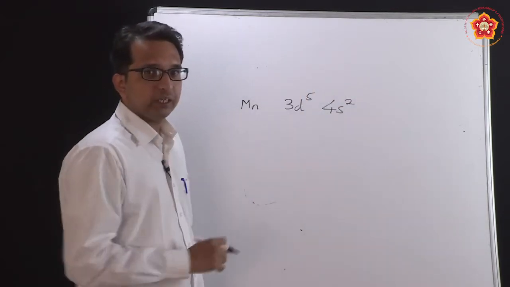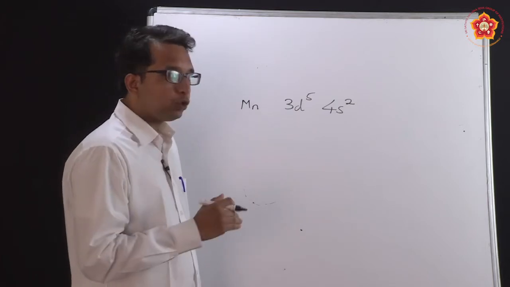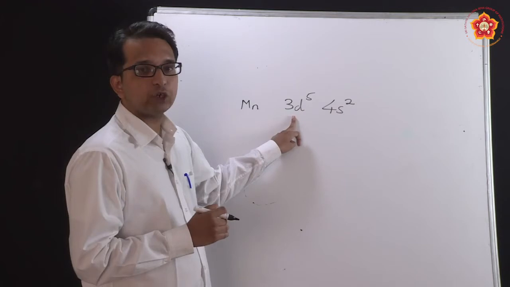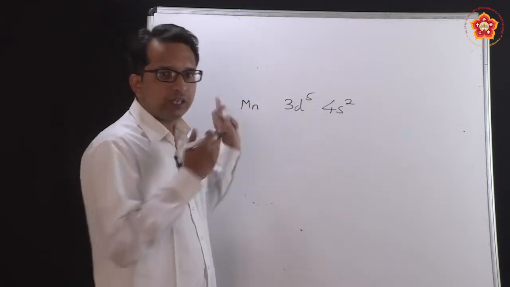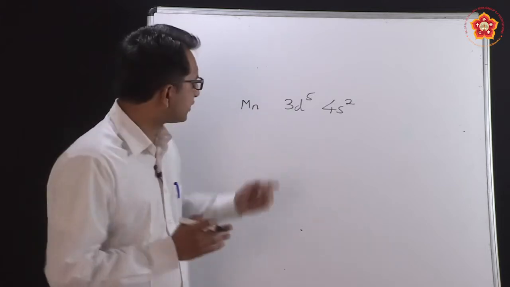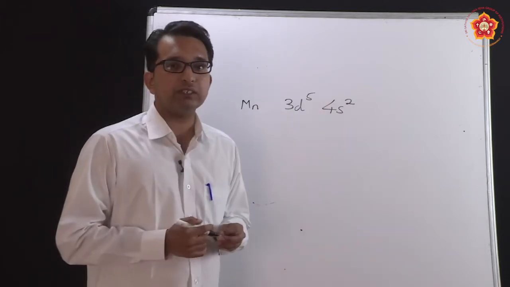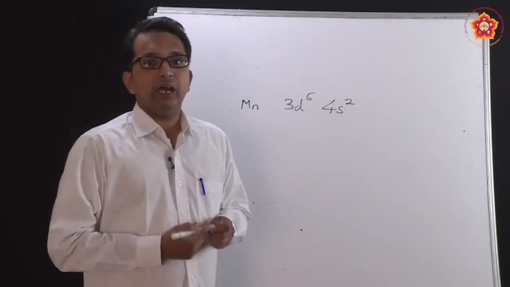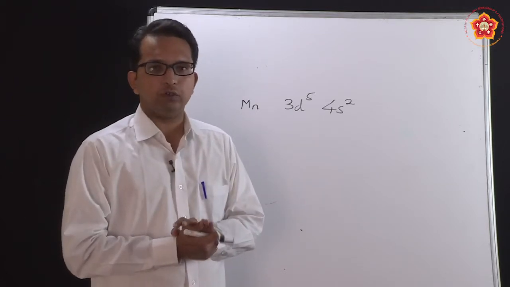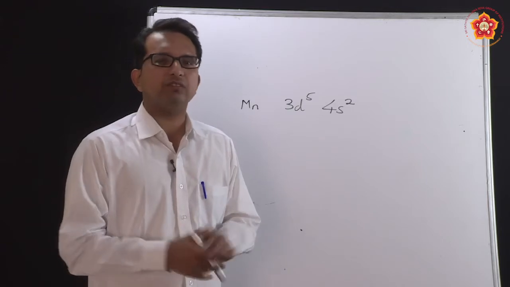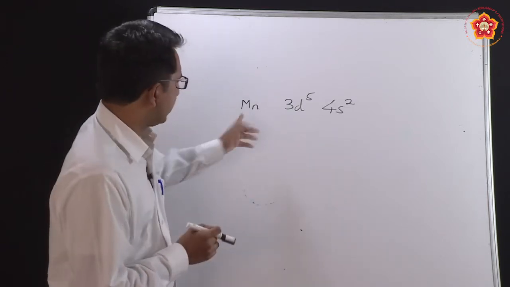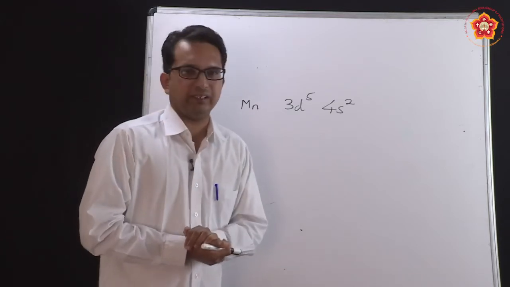So, what it means is we are able to remove 2 electrons here and 7 electrons in this case. Till manganese, the maximum oxidation state will be the number of electrons that are present in 3d and 4s. After manganese, it will depend on the stable oxidation states of those compounds. For example, iron will have just +2 and +3. So, the maximum oxidation state can be seen in the case of manganese.